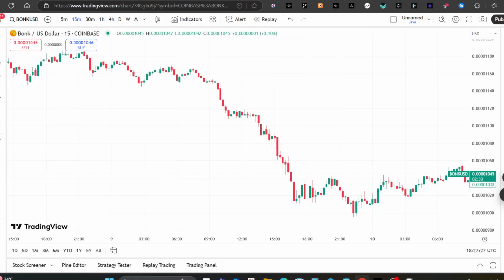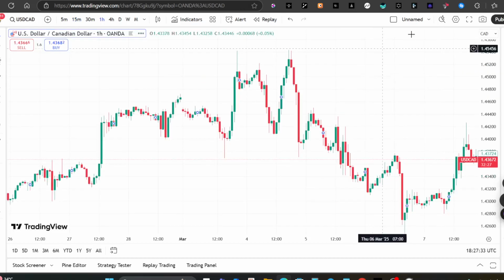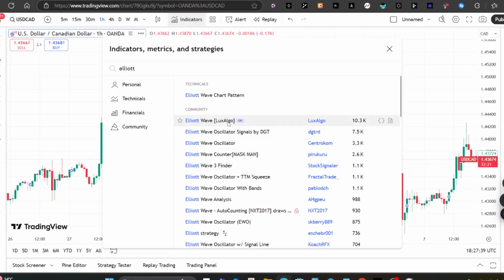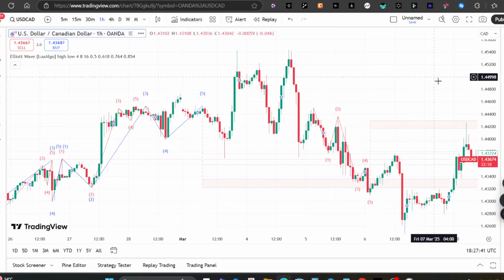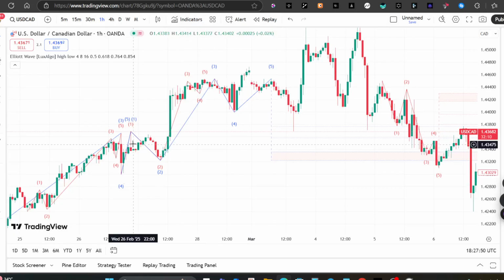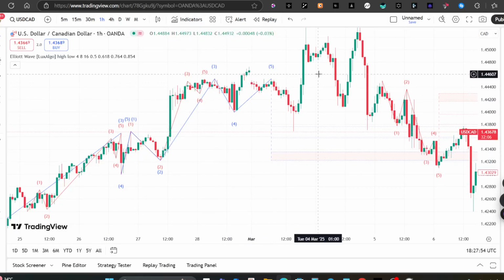To start, let us break down Elliott Wave Truncation. In a typical Elliott Wave pattern, you have five waves: wave 1, wave 2, wave 3, wave 4, wave 5.